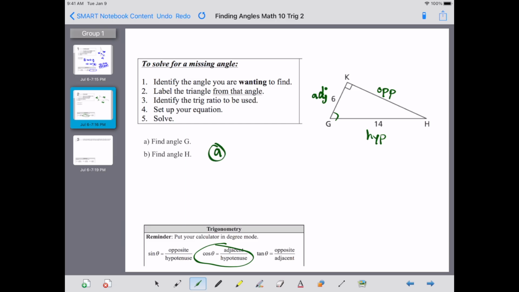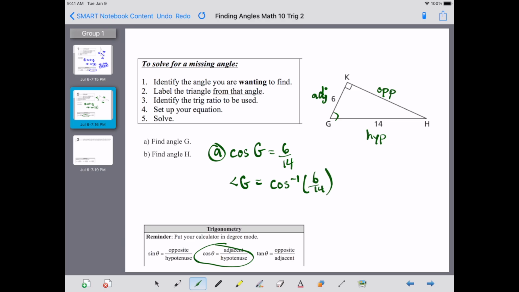So in this question, we're going to use the cosine of G is equal to adjacent over hypotenuse, so 6 over 14. And then just like we did in the last question, we have to take the inverse cosine of both sides, and that will give us the angle of G is equal to the inverse cosine of 6 over 14.